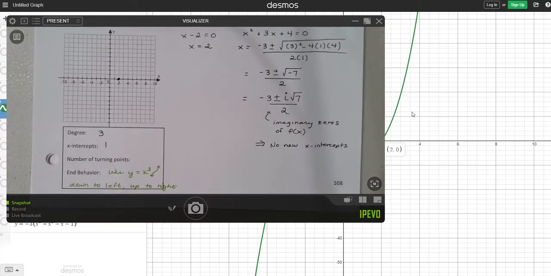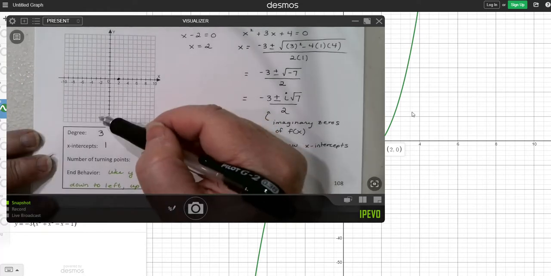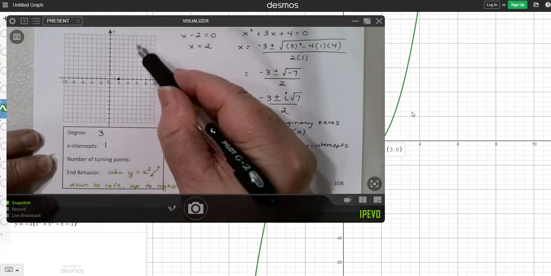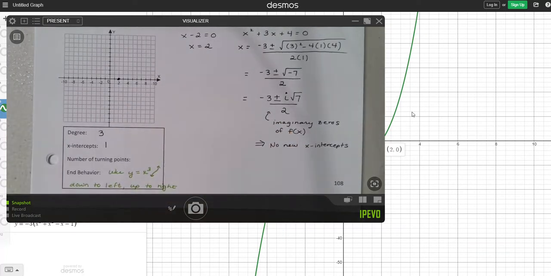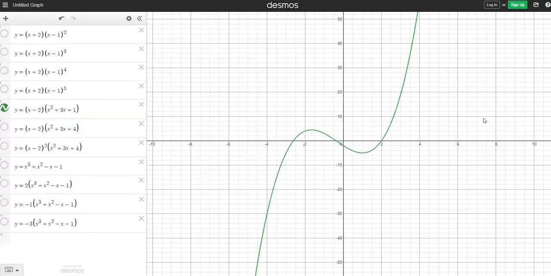Based on the information that I have, really about all I could do would be to say go down here, cut through, and come up. But I'm a little suspicious that there might be more going on. So let's take a look at a Desmos graph before we actually try to draw this.